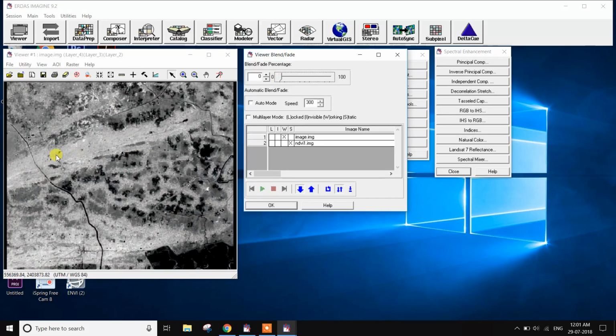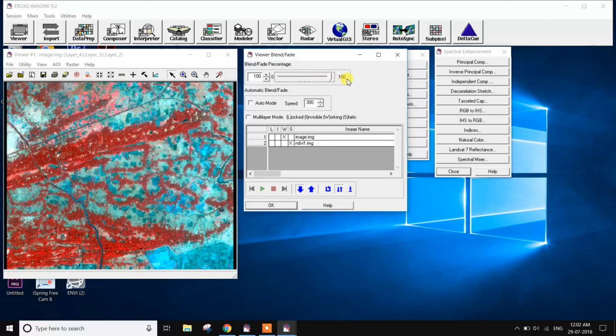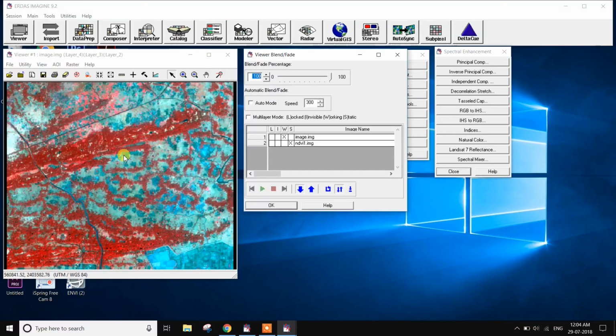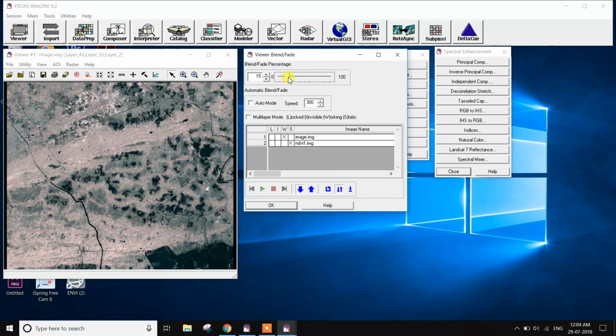There is the open forest. There is the built-up area of the particular image. There is the water body.